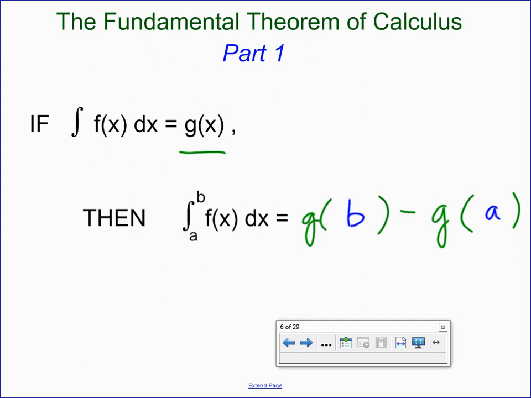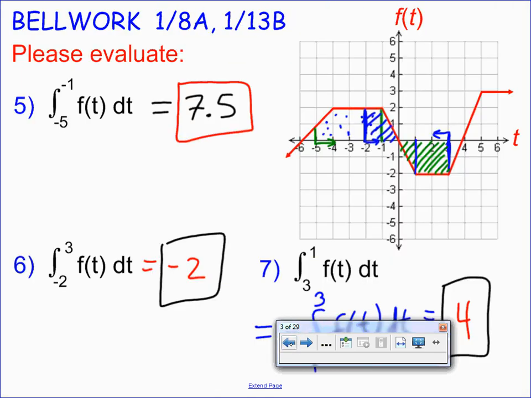That will yield the exact value of my definite integral of f of x from a to b. That's the Fundamental Theorem of Calculus Part 1. Today, we're going to add the Fundamental Theorem of Calculus Part 2, and it's built on this notion of f being an area accumulator.